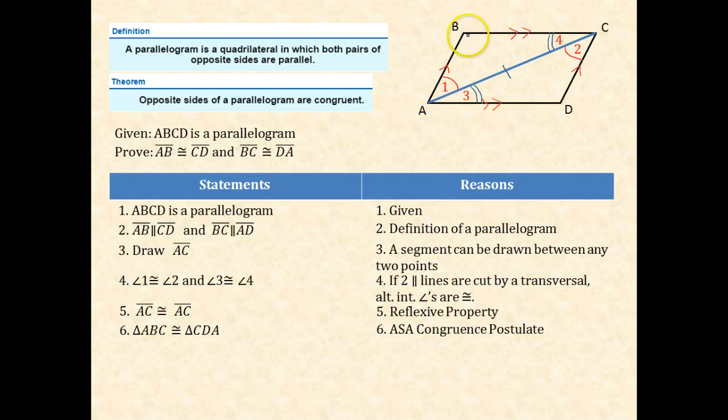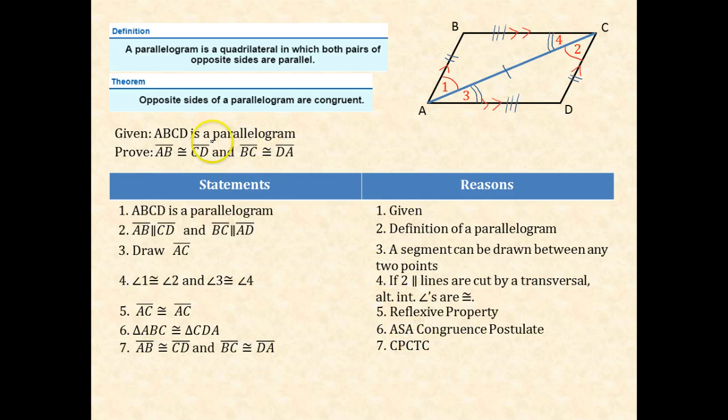Now we're pretty much done, because we can say that segment AB is congruent to segment CD, and that BC is congruent to DA, and we can say that because these are two congruent triangles, and these are corresponding parts of congruent triangles, and corresponding parts of congruent triangles are congruent.